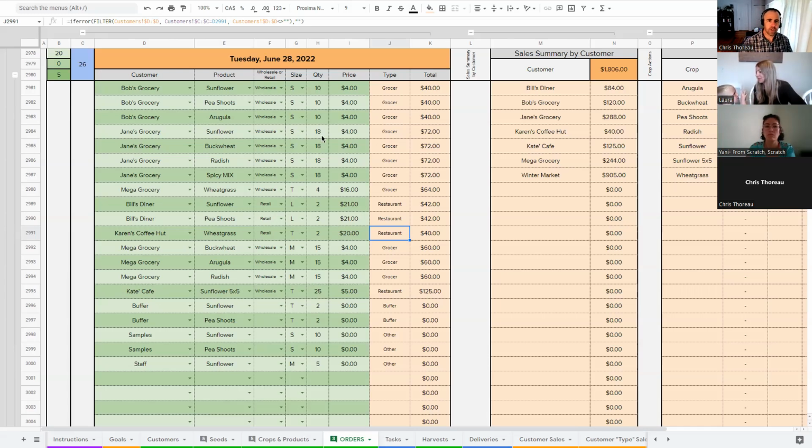And so what I might do is shift my Jane's Grocer from 18 to 15 in all of these. What that's doing is freeing up crop that I can use for somebody else. So I'm going to go through my customers and basically shift those products until I have enough extra product to meet those new product needs.